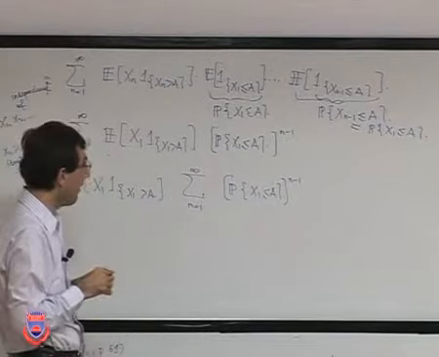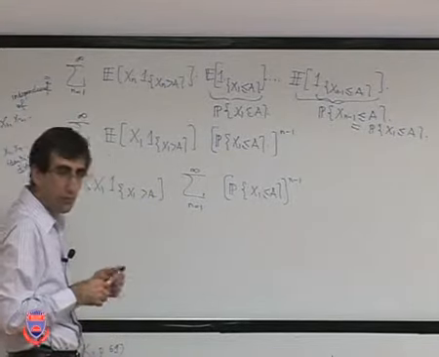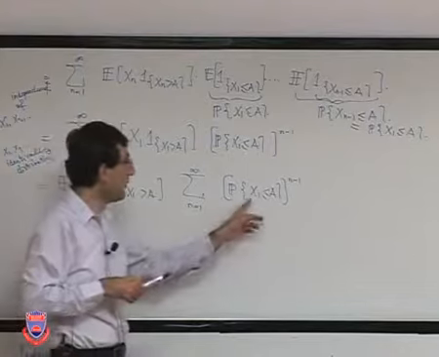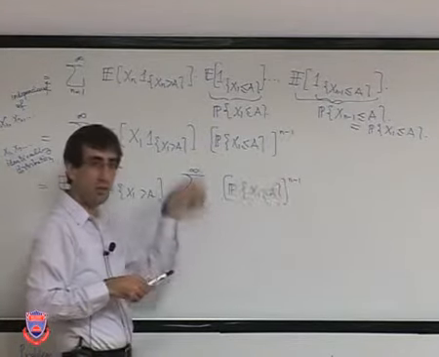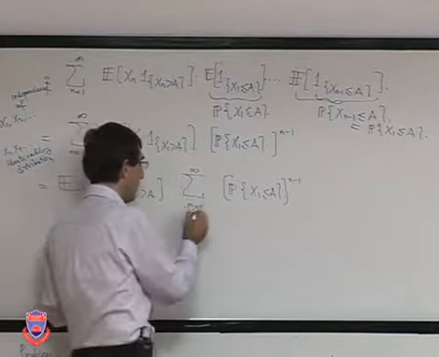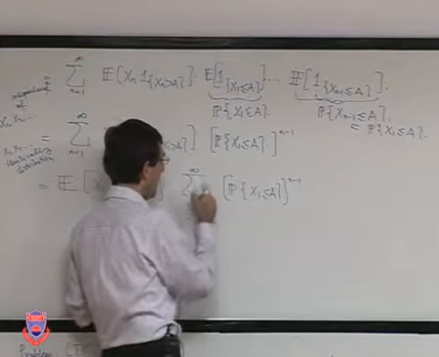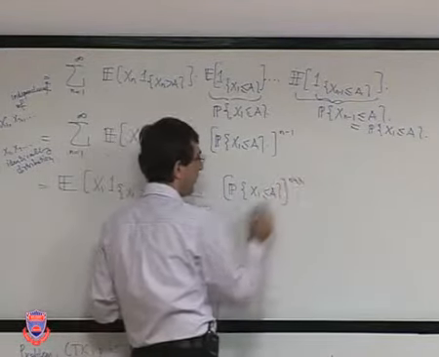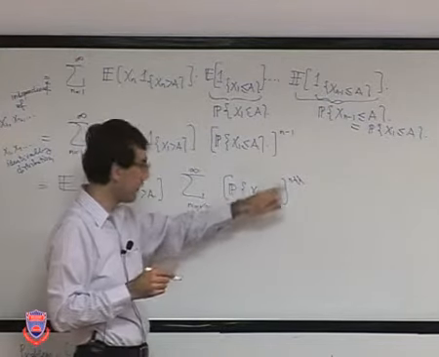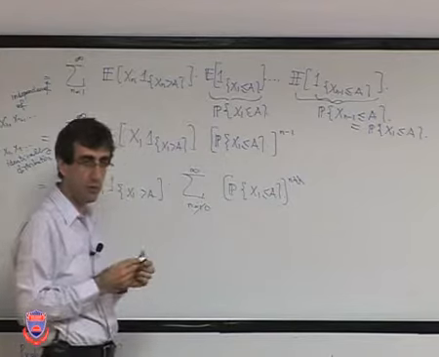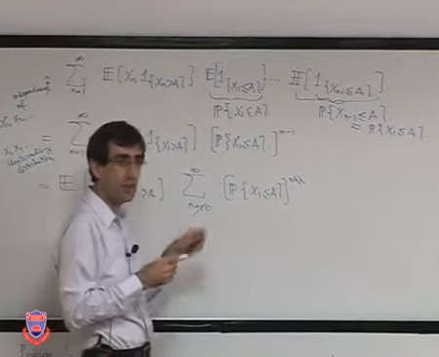What is this? A number between 0 and 1, you take powers and then you sum them up. You don't like 1, so you can subtract 1 and add 1. So this is from 0 to infinity, a number between 0 and 1 raised to the power n, and you sum them up. This is just a geometric series again.